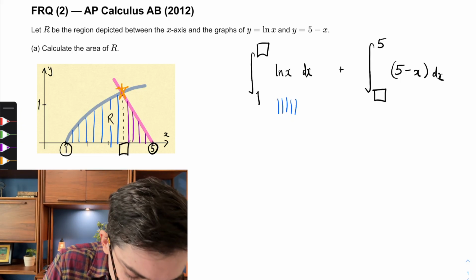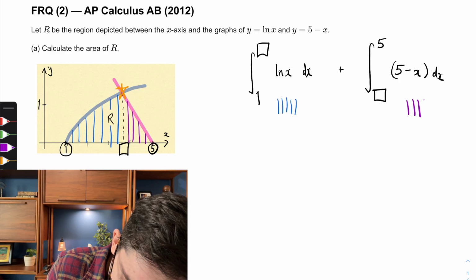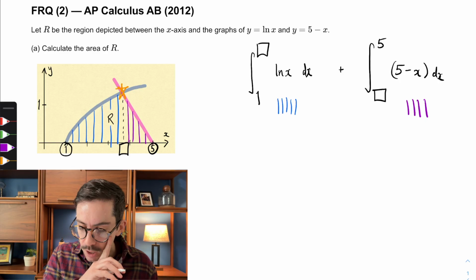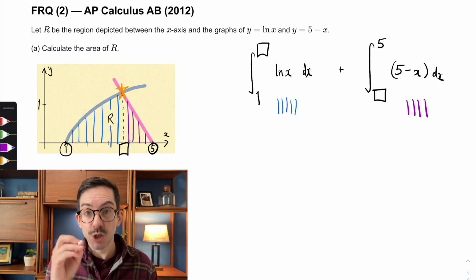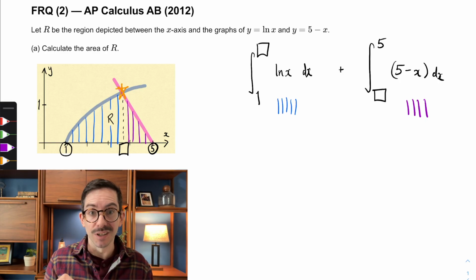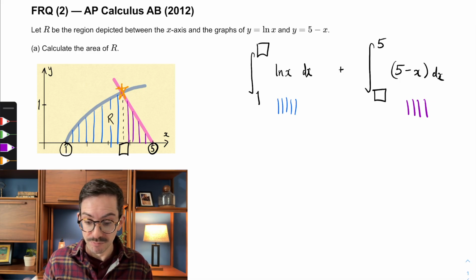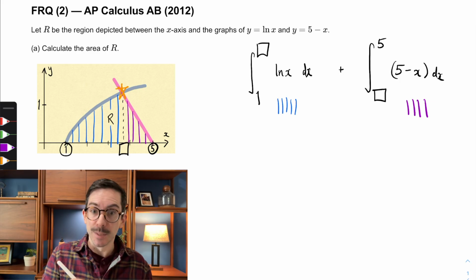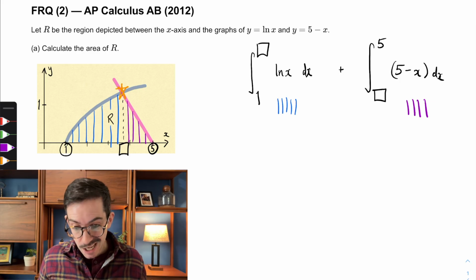And that is giving me the purple right-hand skinny rectangle area. Okay, well, if I knew that mystery number given to me by that intersection point, I would be able to know the number that goes in that limit, type that into my calculator, and get my answer.